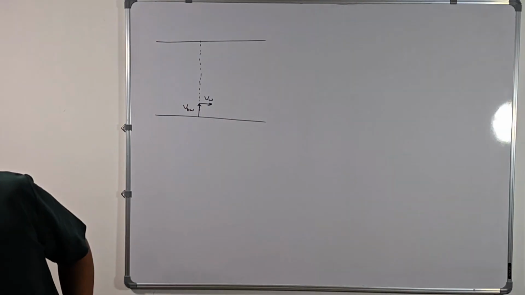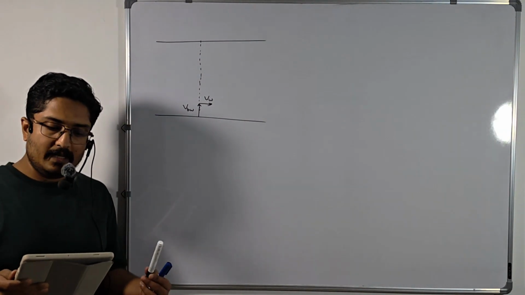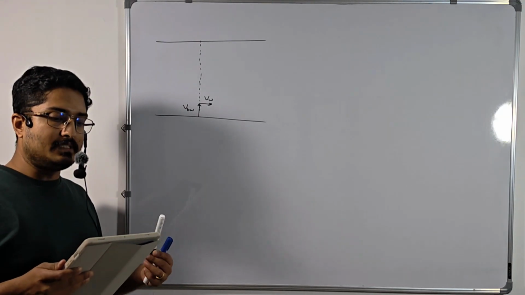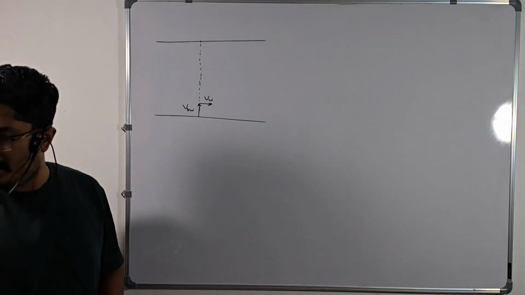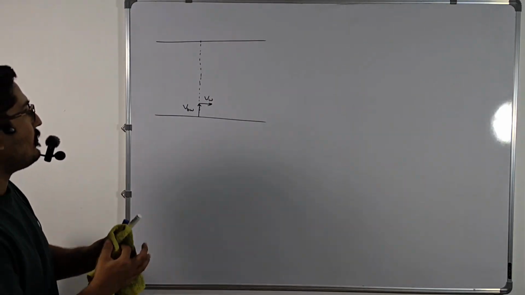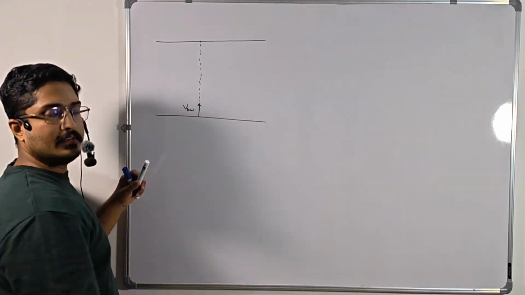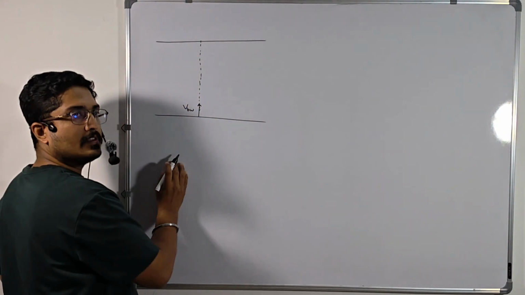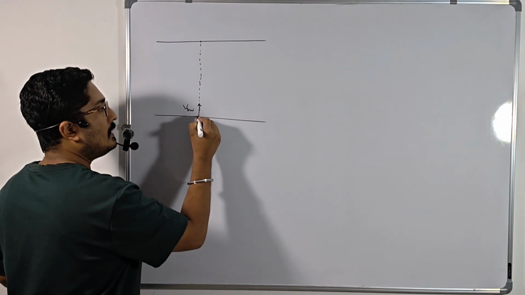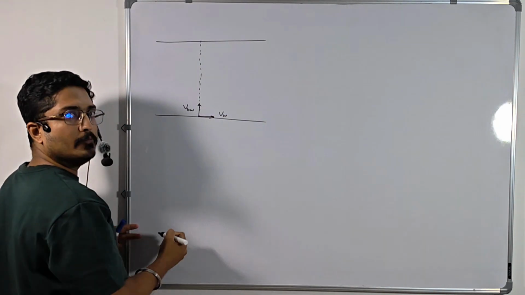So what the question is saying, the man always steers in the direction towards the point. So I will be trying to draw this in a different way. I'll say that at this current moment, the boat is having a velocity in this direction with respect to water, and the water at this exact point is having a velocity in this direction, which is vw.